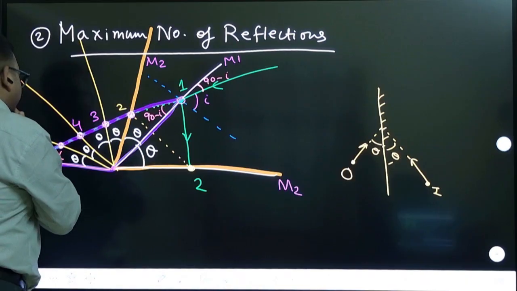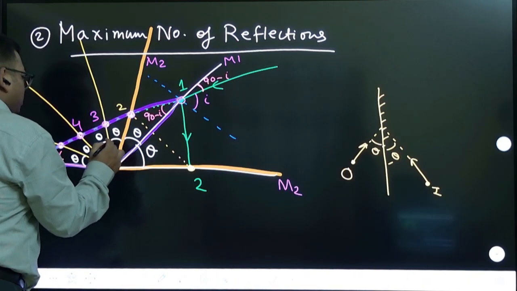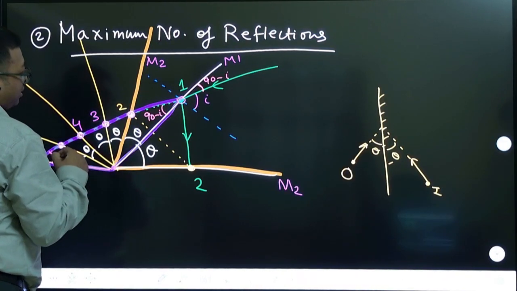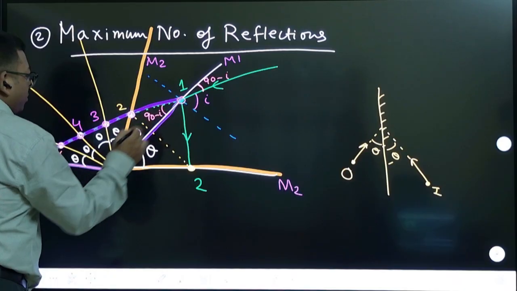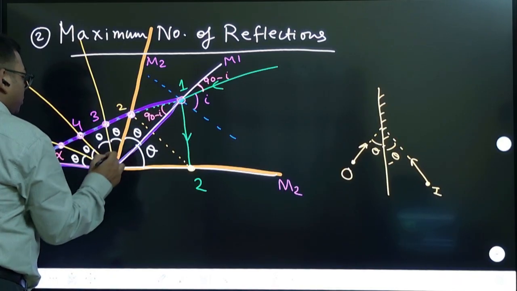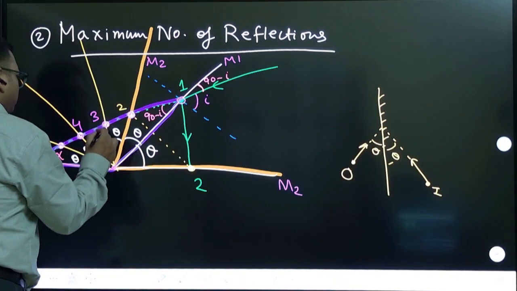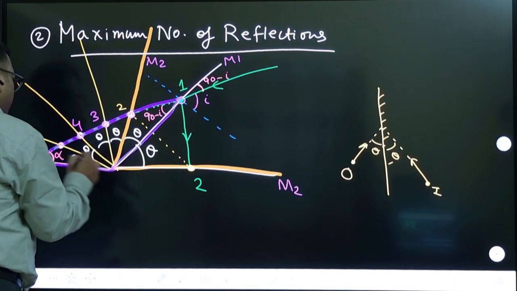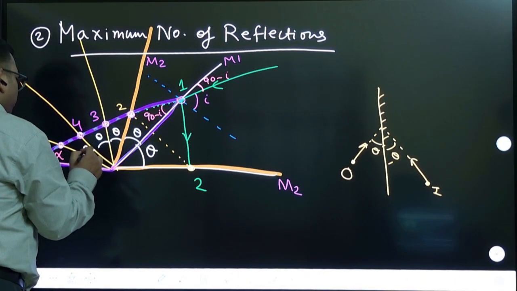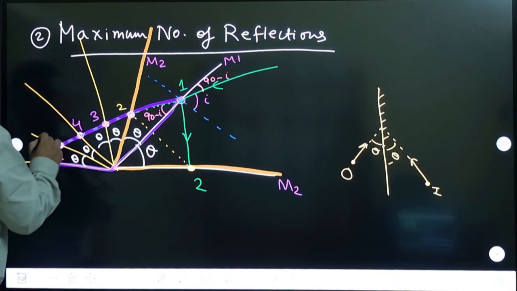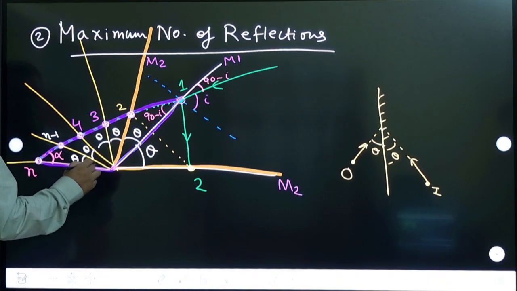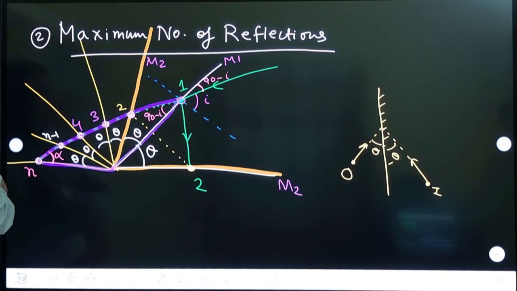So this is theta, theta, theta, theta, theta. So how many thetas will be there? First you need to decide it. Between 1 and 2, 1 theta; between 2 and 3, second theta; between 3 and 4, third theta; between 4 and 5, fourth theta. So between n minus 1 and n, let us take this as n minus 1. Between n minus 1 and n, how many thetas will that be?